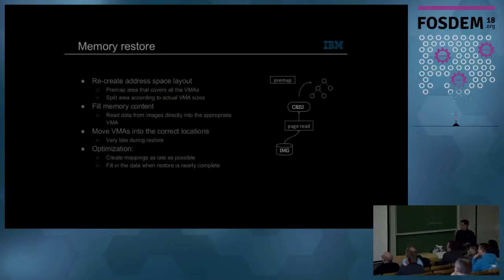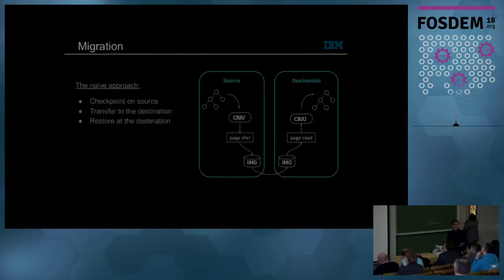Depending on the CRIU version, some of the mapping, pre-mapping, and reading of the data may be done in different stages. The most recent CRIU versions do everything nearly before the point where the processes are resumed and allowed to run.